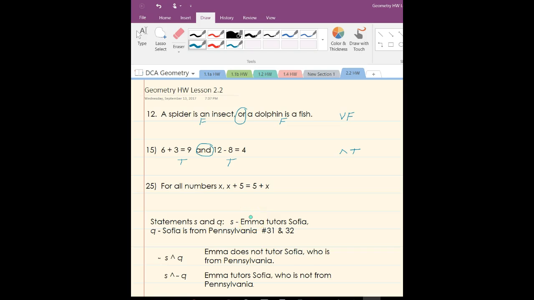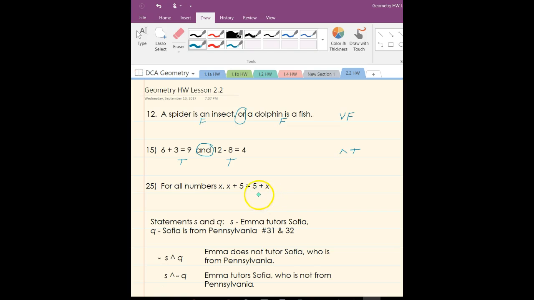Number 25. They ask us to negate each statement. The statement is, for all numbers x, x plus 5 equals 5 plus x.